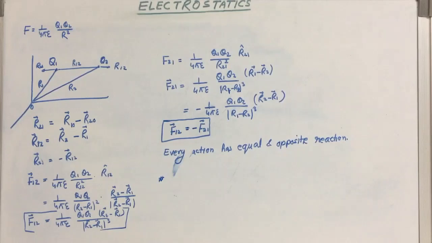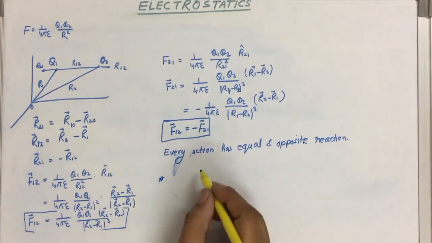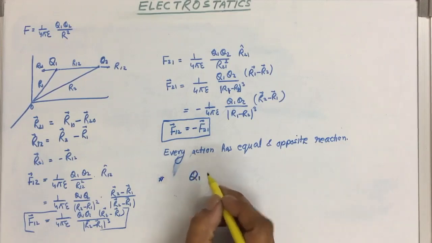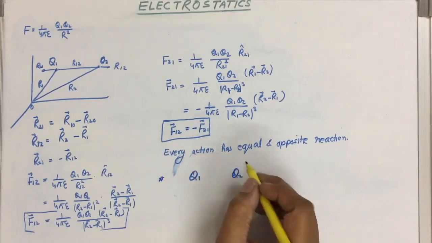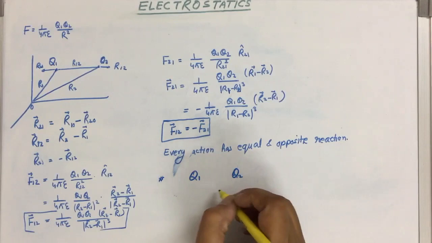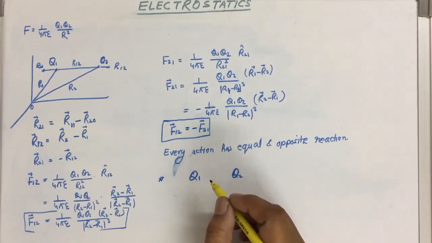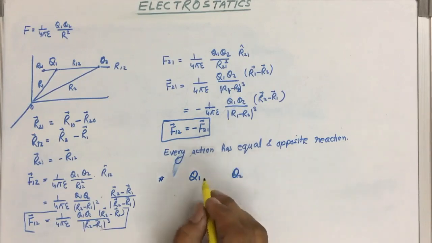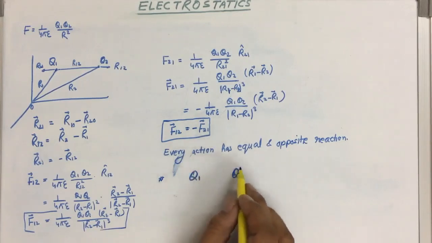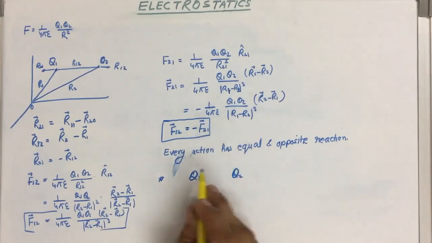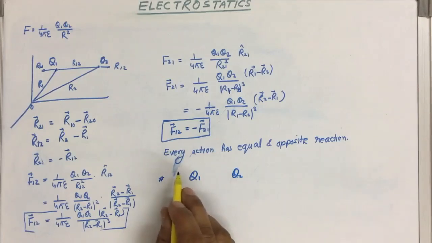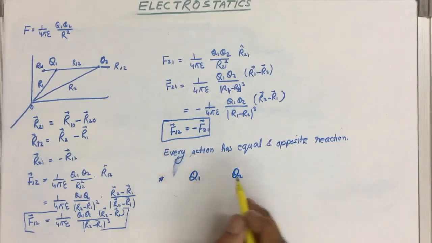Now if we consider the set of charges q1 and q2, both these charges as a system, then the force will be only internal force and the net force will be 0.